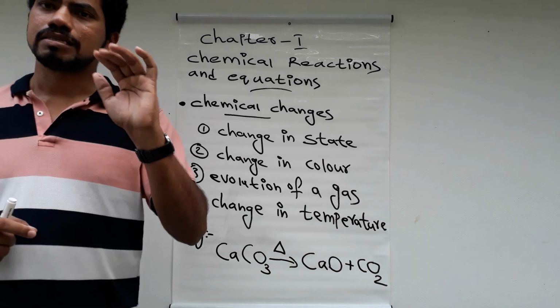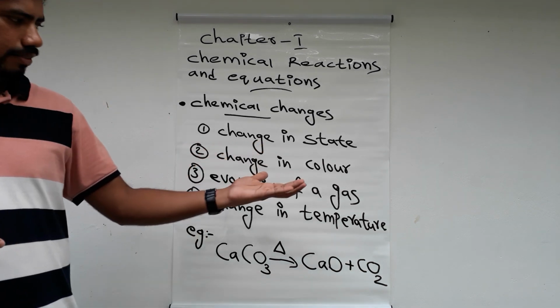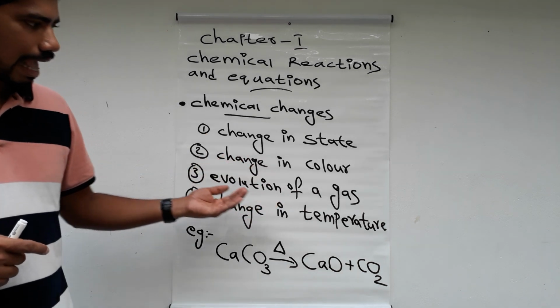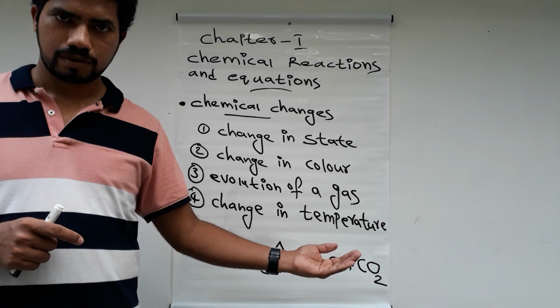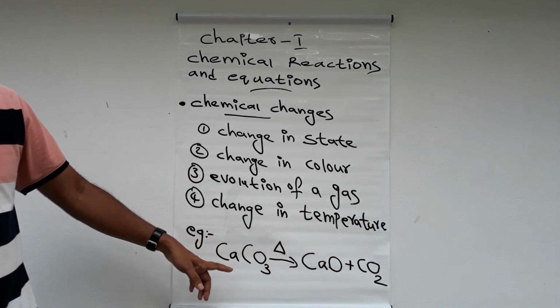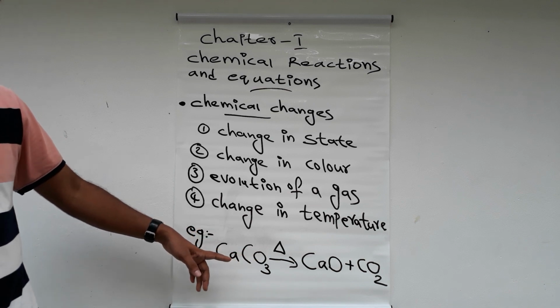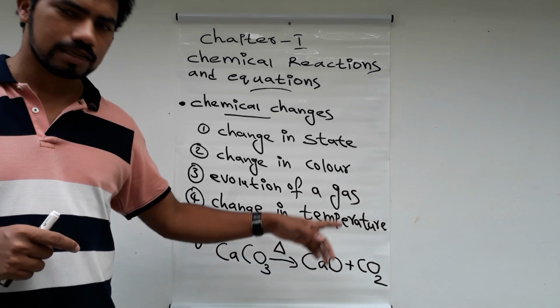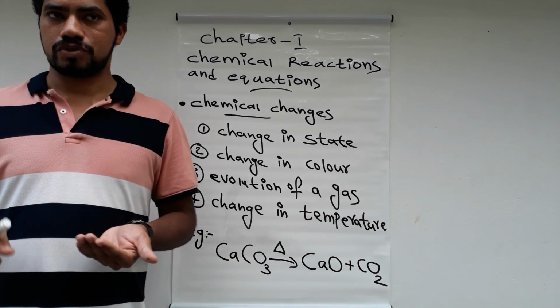A chemical change involves four things: change in state, change in color, evolution of a gas, change in temperature. I gave you an example, the thermal decomposition of calcium carbonate. This calcium carbonate is changing into calcium oxide and carbon dioxide. Now I told you thermal decomposition.